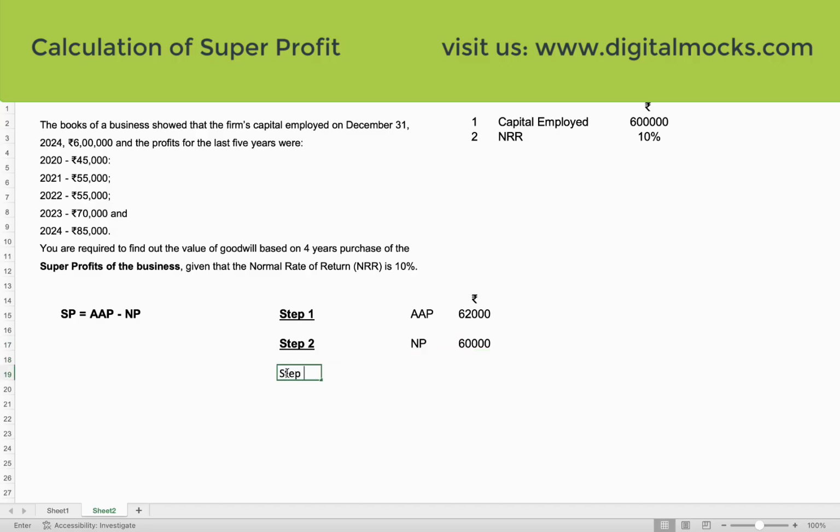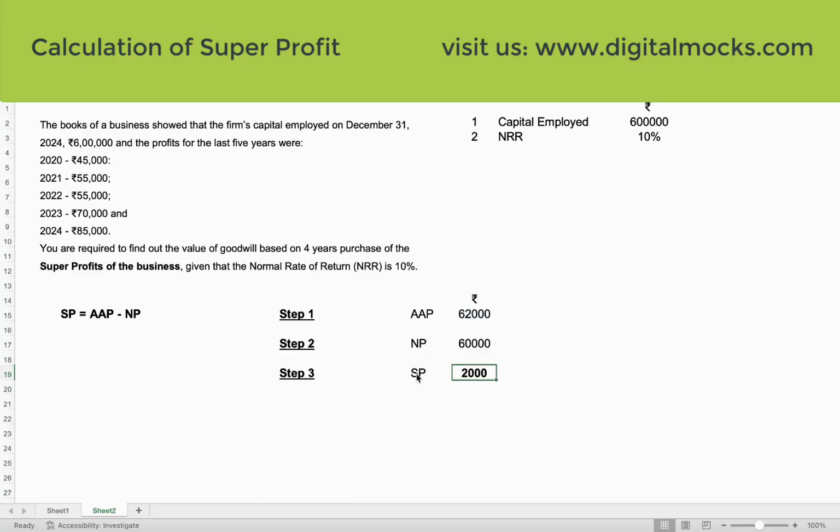Now step 3. In step 3, I will do the comparison to find the super profit. It means from the bank I can easily earn 60,000, but the firm will be giving me how much? 62,000 on an average yearly basis. And from the bank without any risk I can earn 60,000. So how much extra profit will I be generating from the firm? That is called super profit. So 62,000 minus 60,000.